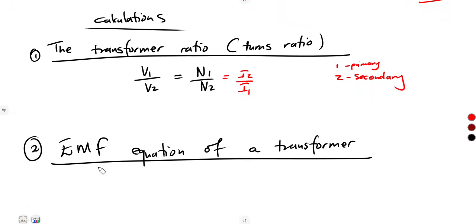It is basically a condition where it is the magnetic flux that links both the primary winding and secondary winding, due to an alternating flux, which is considered in the calculation of the EMF equation. So you'll have E equal to 4.44 times the frequency times the maximum flux times the number of turns, which can be on the primary or on the secondary.